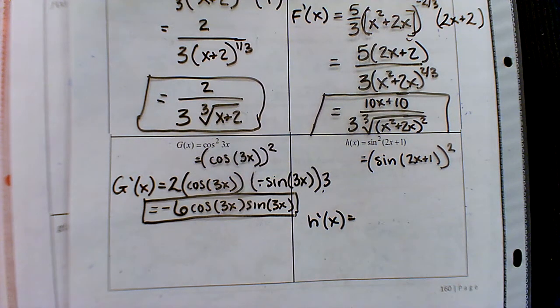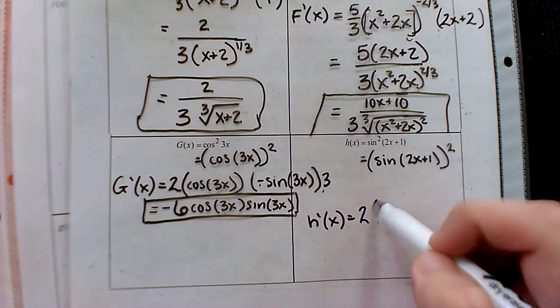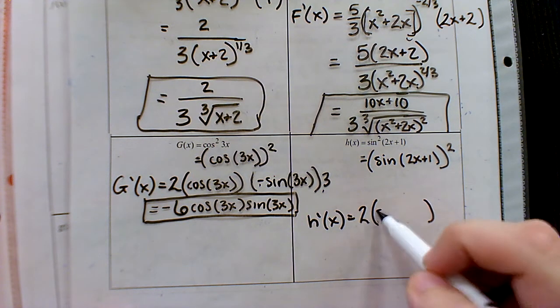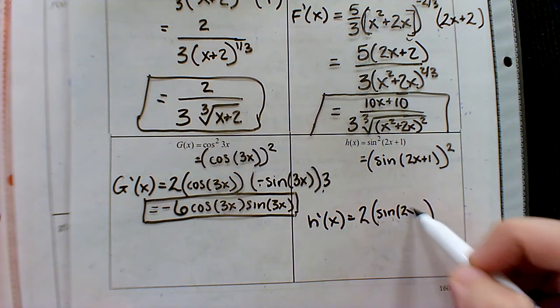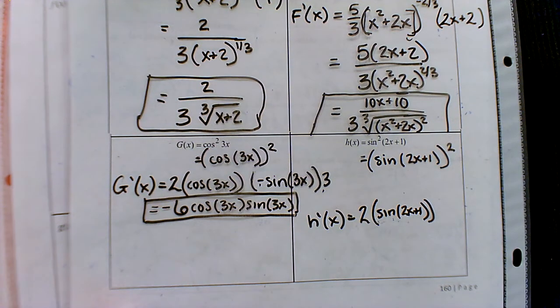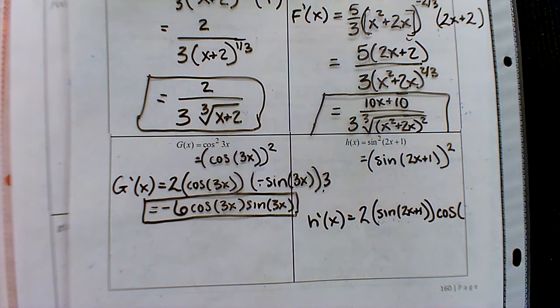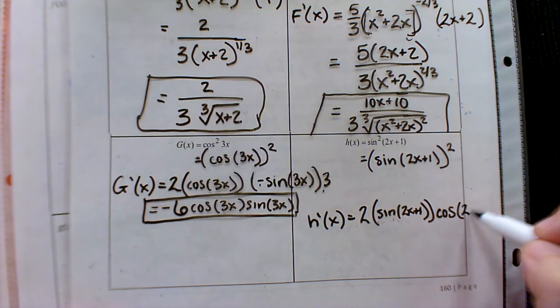Okay, so you said outer layer was 2. The new power would be 1. You don't have to write it if you don't want to, but we're going to keep all those other layers. The next layer you said was sine. What's the derivative of sine? We have cosine. We're going to keep the remaining layers we haven't used yet.